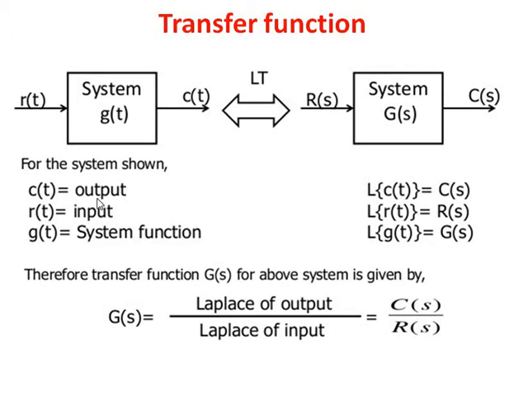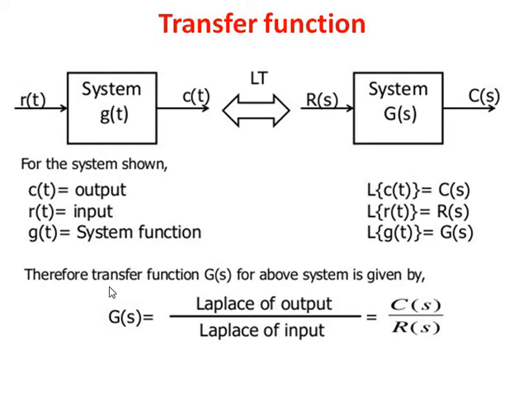So c(t) is the output in time domain, r(t) is the input, and g(t) is the system function. In Laplace transform, C(s) is the output, R(s) is the input, and G(s) is the transfer function of the system.